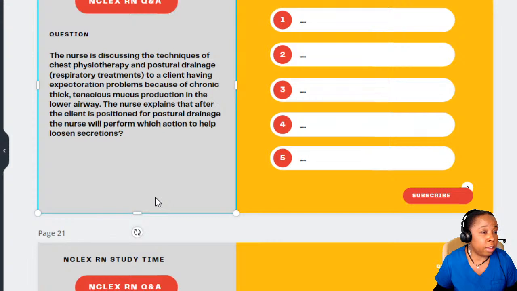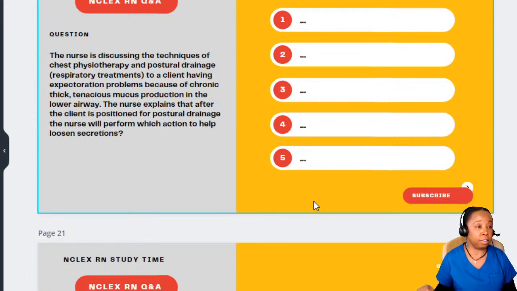So the nurse is discussing the technique of chest physiotherapy and postural drainage to a client having an expectoration problem because of chronic thick tenacious secretion in the lower airway. The nurse explained that after the client is positioned for postural drainage, the nurse will perform which action to help loosen the secretion?